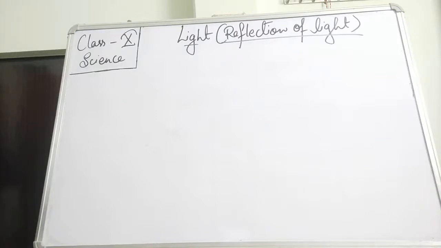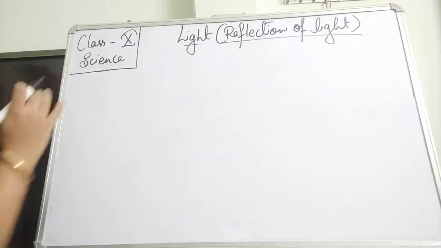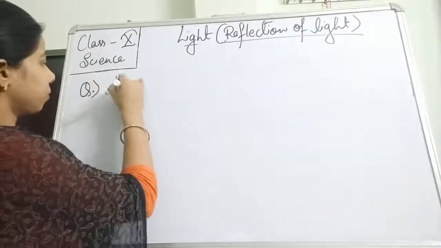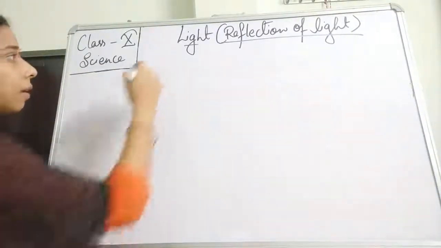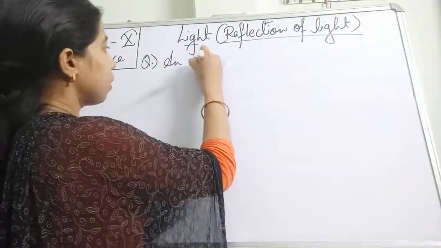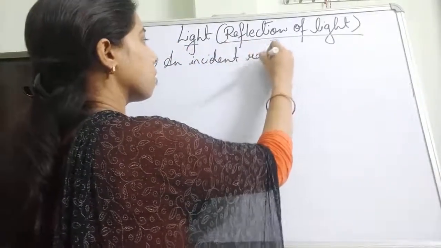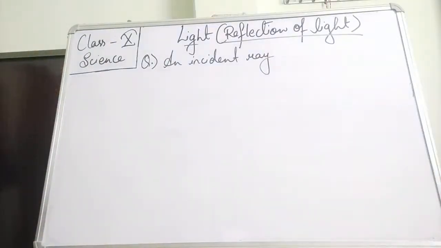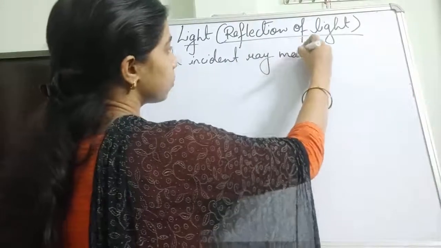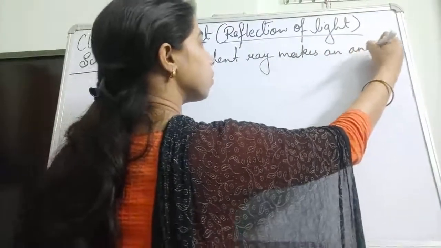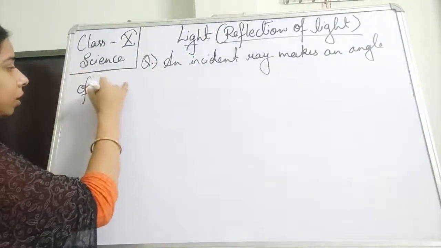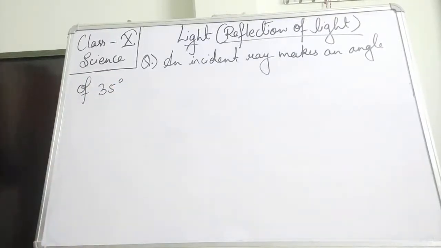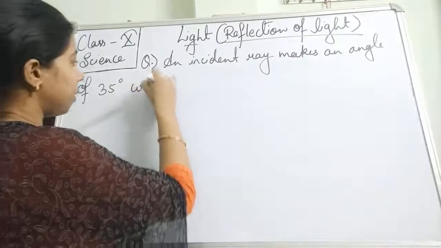So, the question is: an incident ray makes an angle of 35 degrees with the surface of a plane mirror.